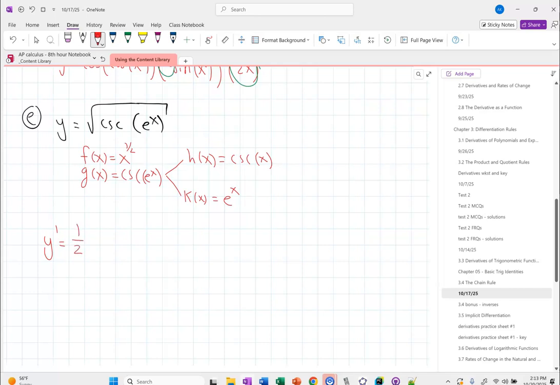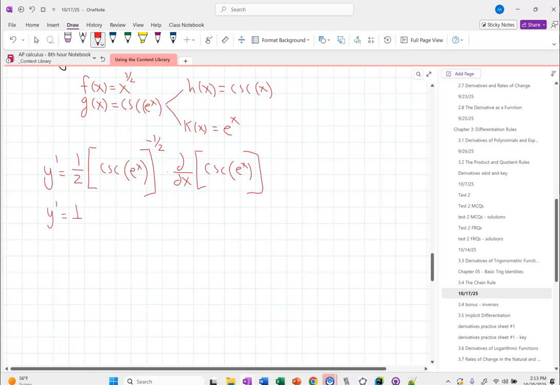So it's 1/2 cosecant e to the x to the negative 1/2 times the derivative of cosecant e to the x, which we can't do directly, but it's a composition, so we do another chain rule.